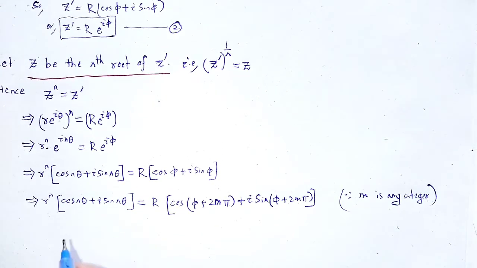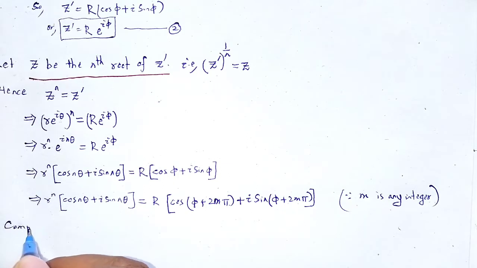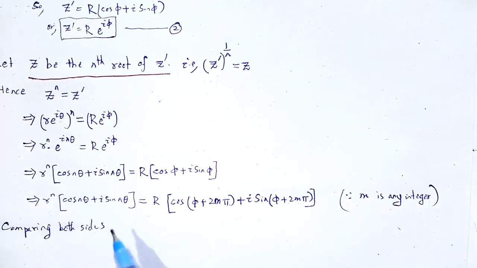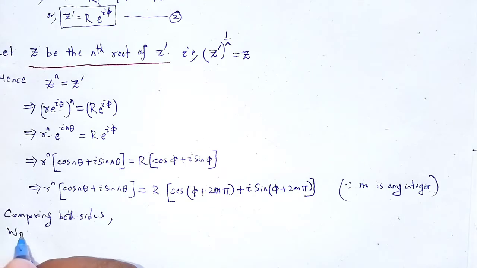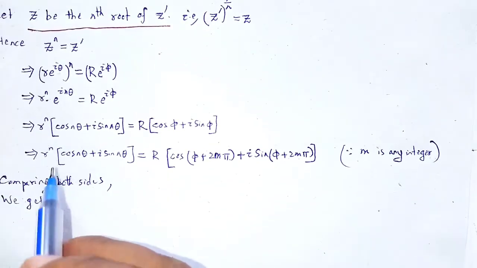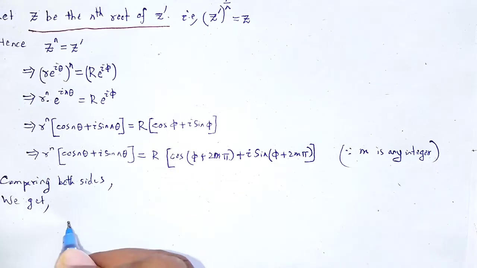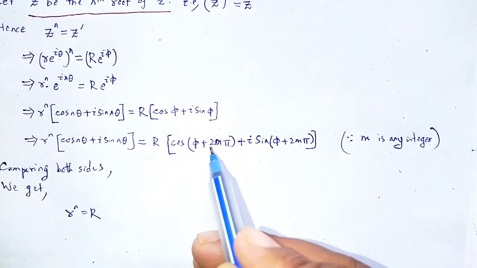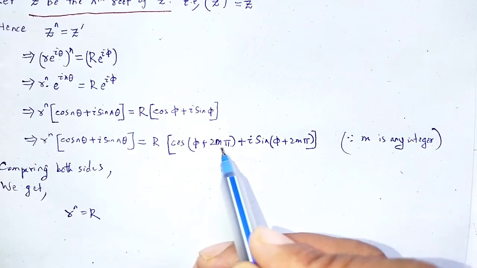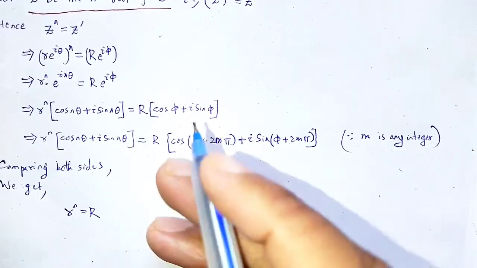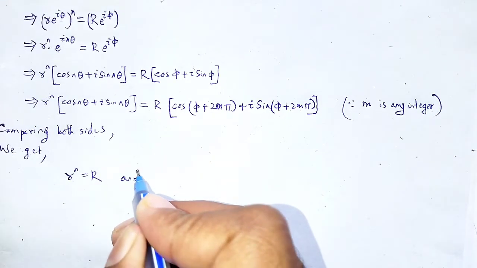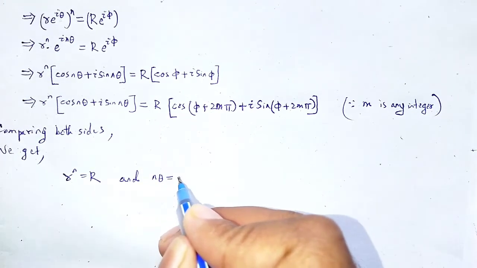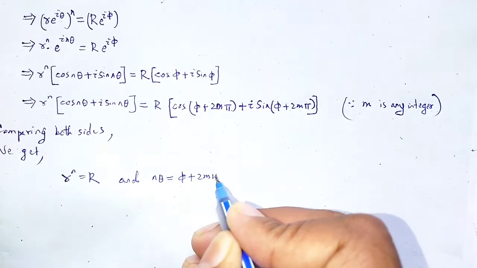Now comparing both sides, we get r to the power n is equal to capital R, and cos of n theta is equal to cos of phi plus 2m pi, therefore n theta is equal to phi plus 2m pi.